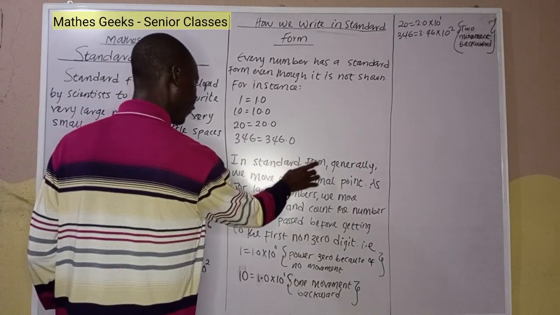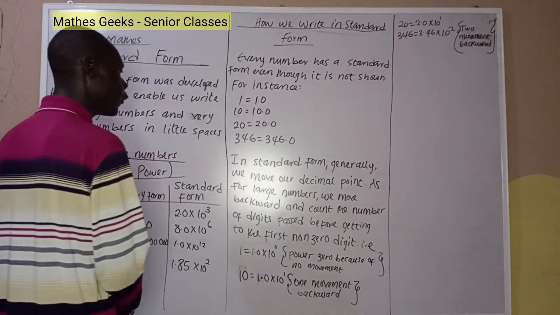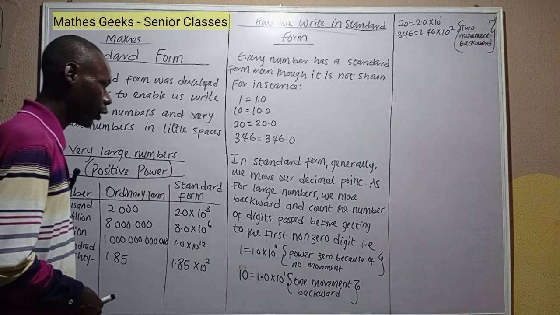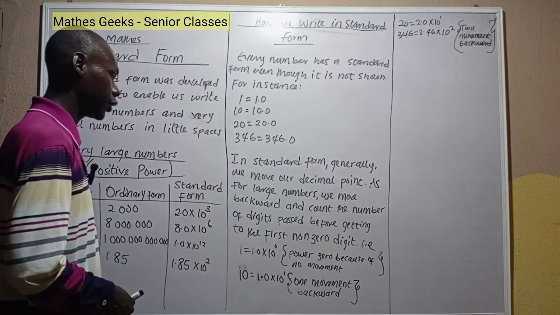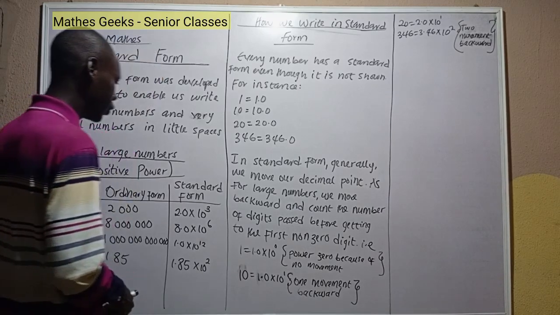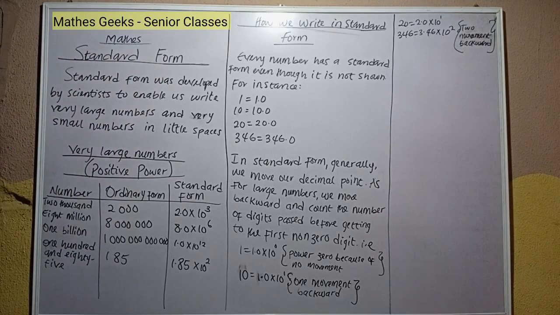Now, in standard form, generally, we move our decimal points. For large numbers, we move backward and count the number of digits passed before getting to the first non-zero digit. So to write a number from ordinary form into standard form, we just move the decimal point, whether backward or forward.